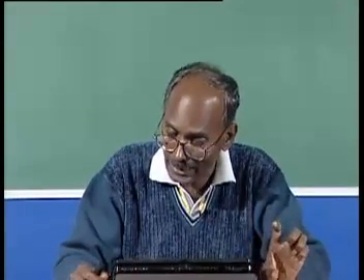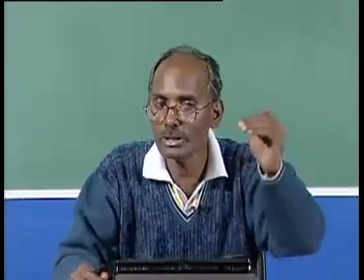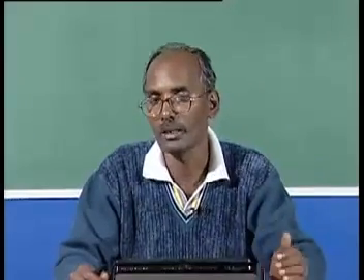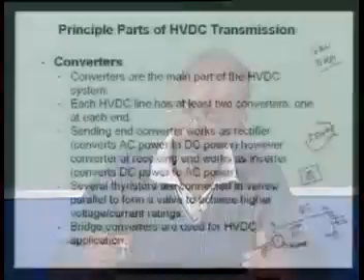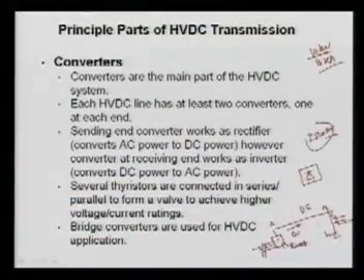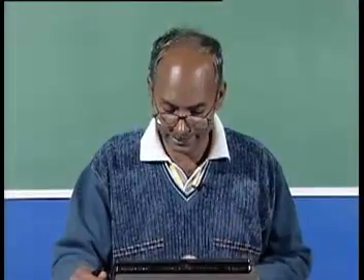In one leg, one limb, there will be several series thyristors, and we also provide some safety factors. Suppose we are having 10 kilovolt thyristors and the requirement in one leg is 500, then it is not 50, we can go for 60 or 70, because if one thyristor fails or punctures, we should not take it out; we should only take it out when maintenance is taking place. So we have to go for some safety and redundancy in this.